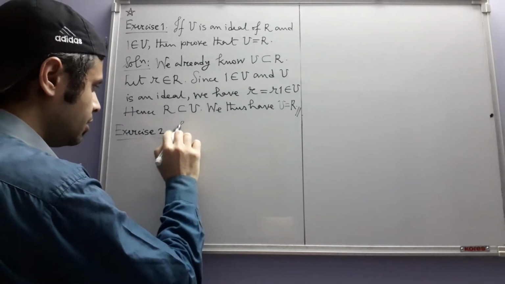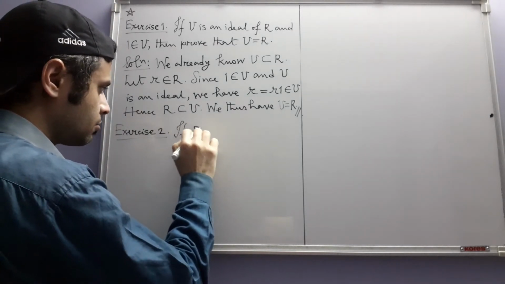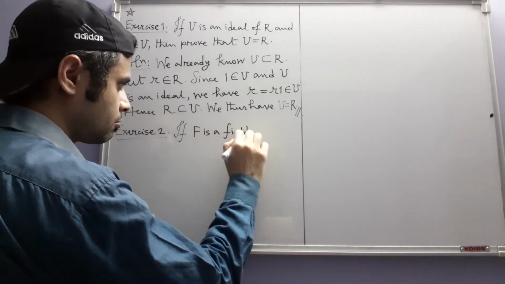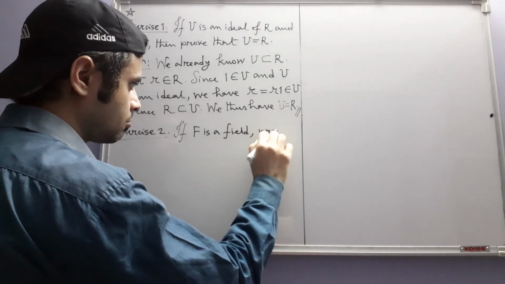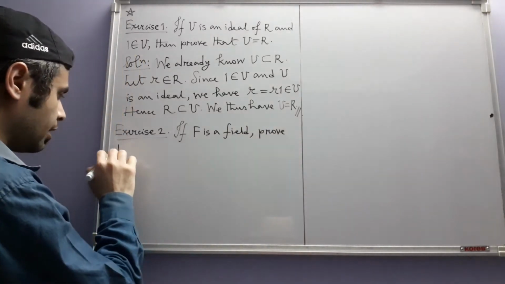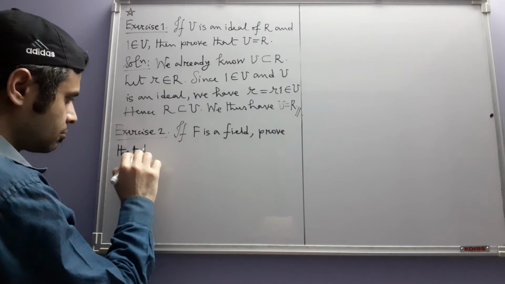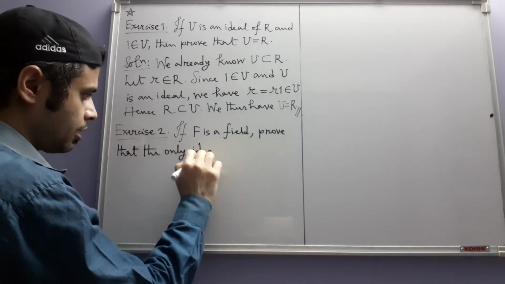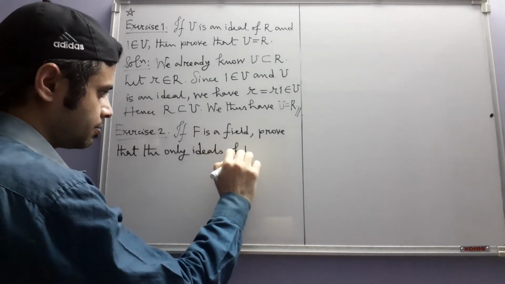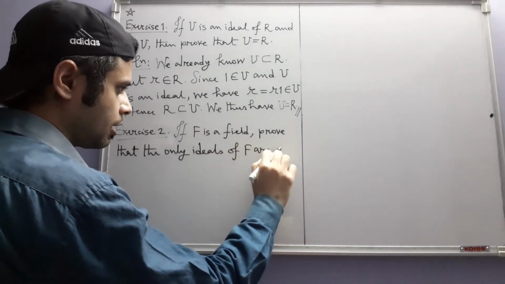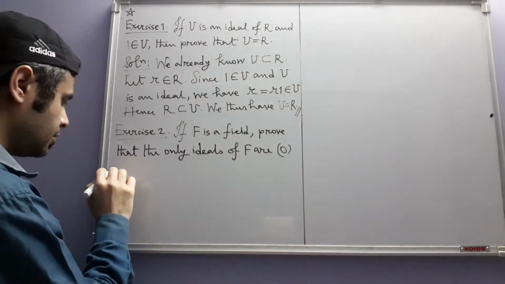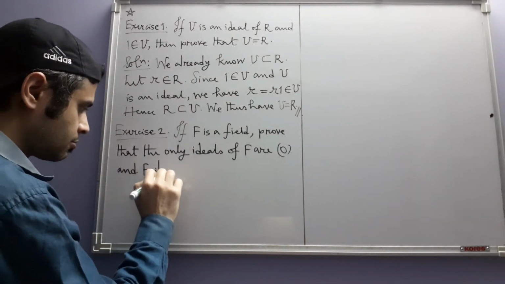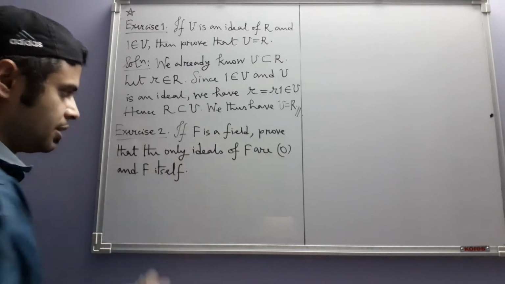If F is a field, prove that the only ideals of F are the zero ideal and F itself.